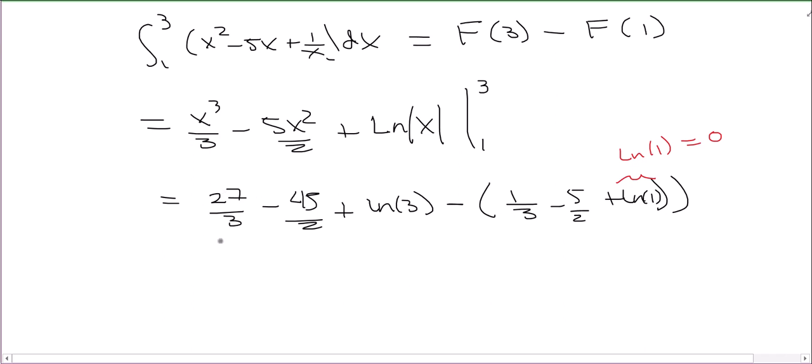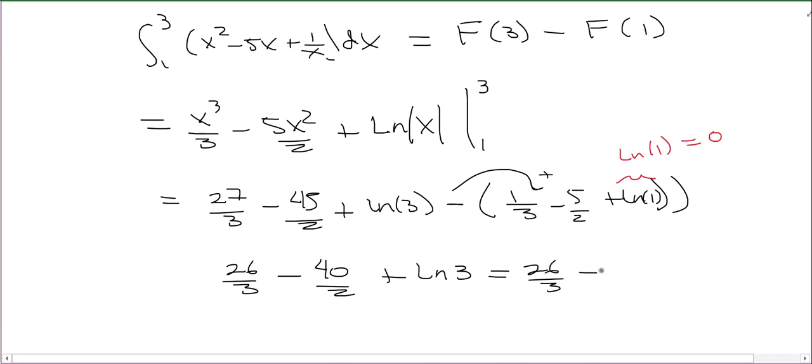So I have 27 thirds minus 1/3 will be 26 thirds minus 45 over 2 minus a minus, so plus, so that will become a plus 5/2, so negative 45 over 2 plus 5/2 will be minus 40 over 2, and then plus the natural log of 3. So 26 over 3 minus 20 plus natural log of 3.